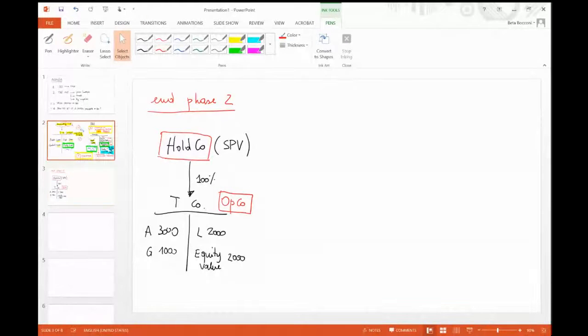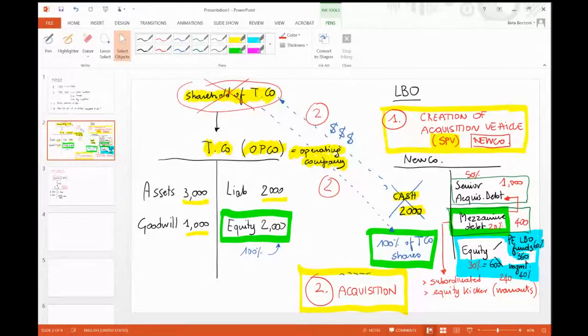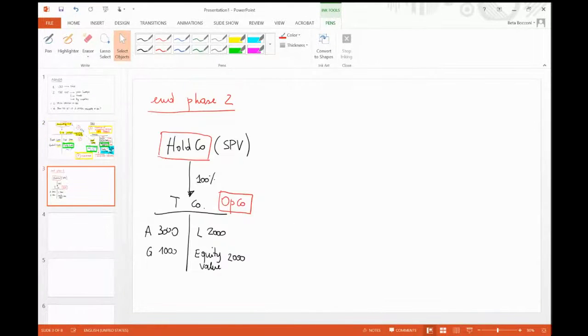The first one is, going back to our NewCo company, you can understand that the only asset that the NewCo, so the holdco company, has is, in all sense, 100% of the shares of TICO, whose value is still 2,000. And then we have our 3 layers.